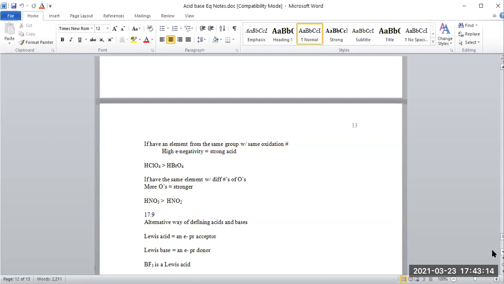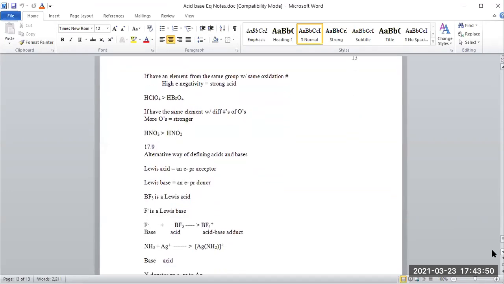Sulfurous acid, H2SO3, is a weaker acid than sulfuric, the H2SO4. So there are a couple of different ways to make predictions here that involve how many oxygens, involve electronegativity, involve where things are on the periodic table that affects your bond strength. All of those pieces play into being able to make predictions about strengths of acids.